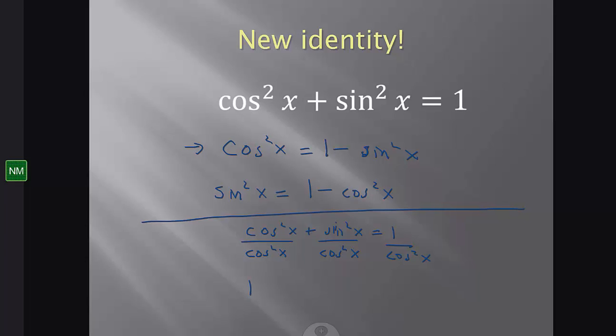Cosine squared over cosine squared is 1. Sine squared over cosine squared, well, sine over cosine is tan, so if I have 2 of those multiplied together, I get tan squared x. And then finally, 1 over cosine squared x is secant squared x. All of a sudden, I have another identity. This is another Pythagorean identity that relates together 2 different trig functions.